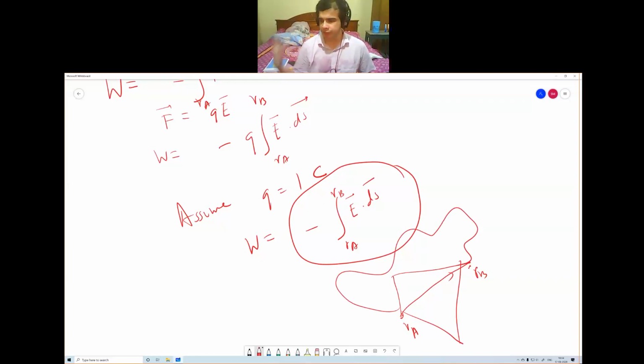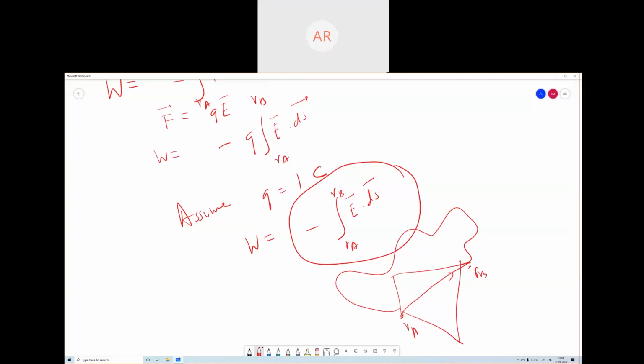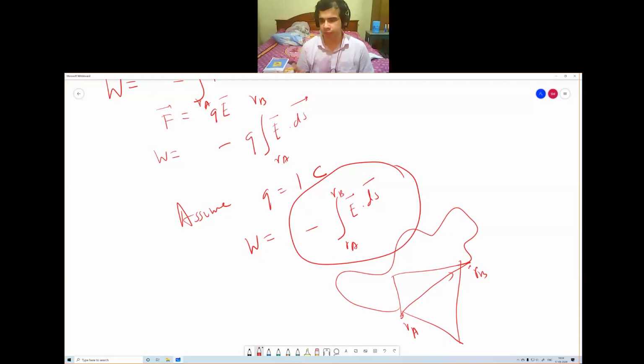There are infinitely many possible paths. Is it correct? To move from point A to point B, there could be an infinitely large number of ways. Agreed? But I have not specified which way. I have never said to go on a straight line. It's up to you.